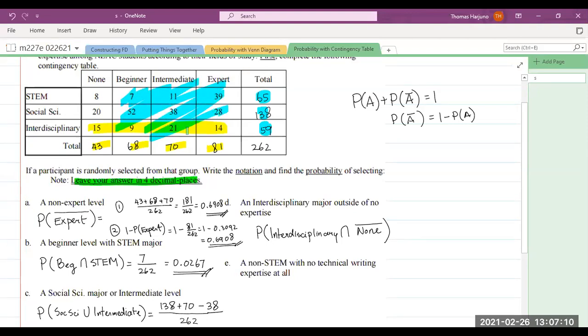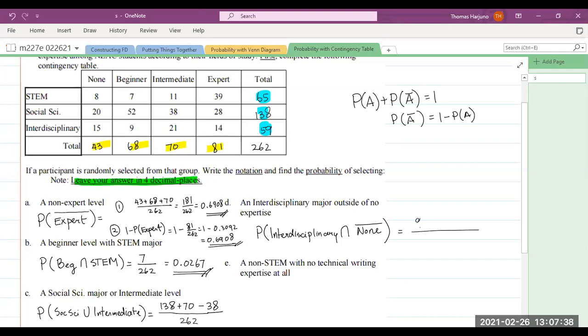Outside of none refers to this. Now, how many people are shaded twice? Because it is an and, right? So who are the people shaded twice? Those who are in interdisciplinary but have some expertise.